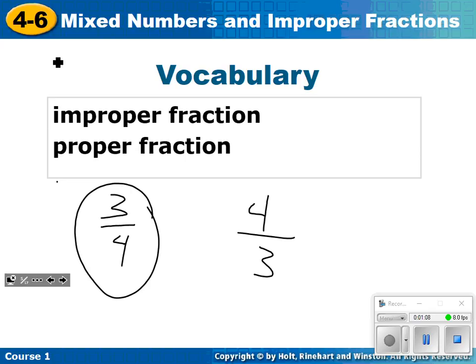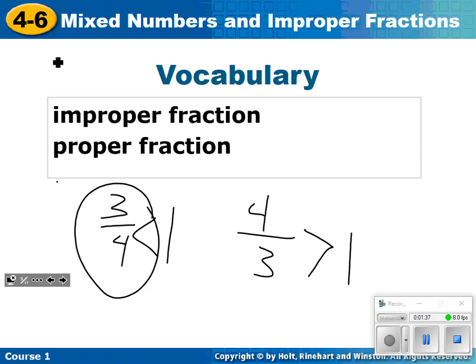Is it more than or less than 1? Less than 1. So if I was to do this, I would go less than 1. Is this more than or less than, greater than or less than 1? This one is greater than 1.